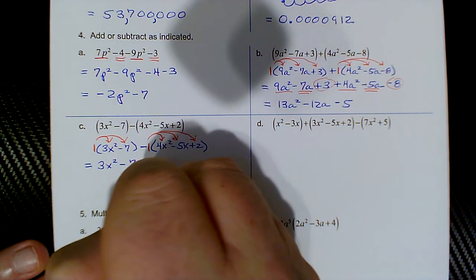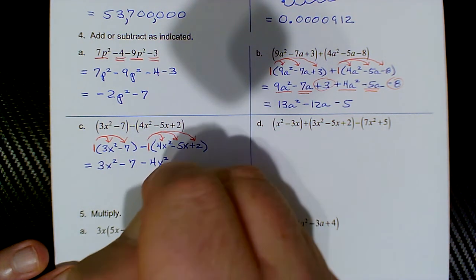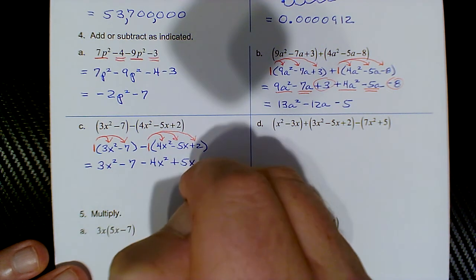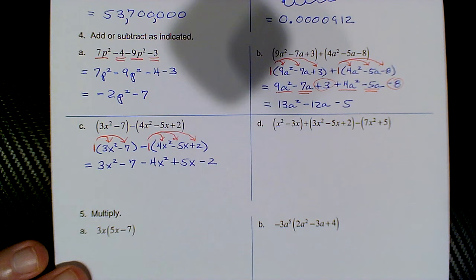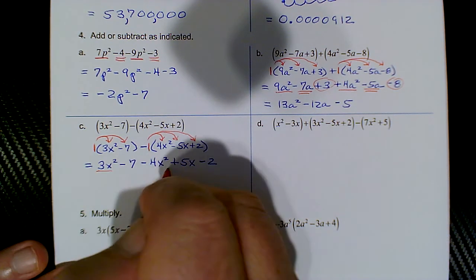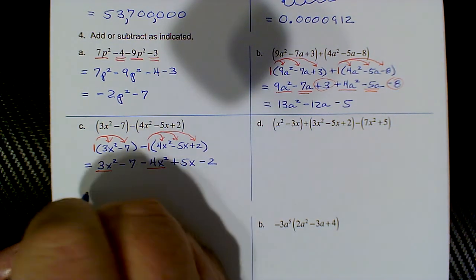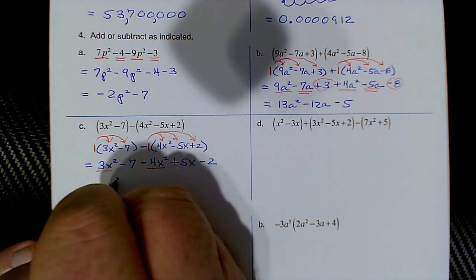A negative 1 distributed times the negative 5x is a positive 5x, and the negative 1 times 2 is negative 2. And now we can combine like terms. So we got the x squared, we'll add together first, or combine 3 and negative 4 of them to give negative 1x squared, or just simply negative x squared. The 1 is understood.